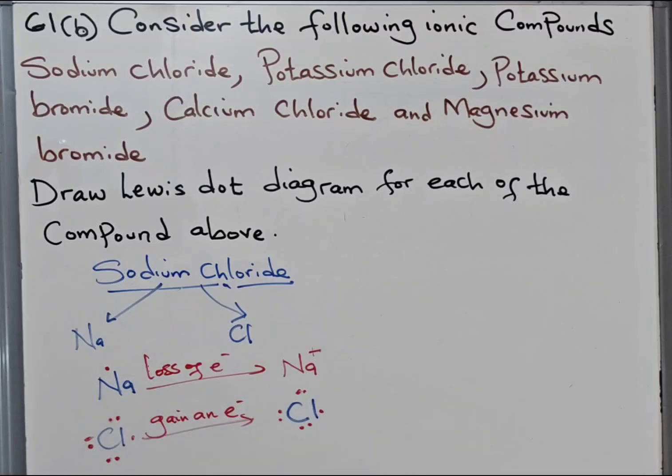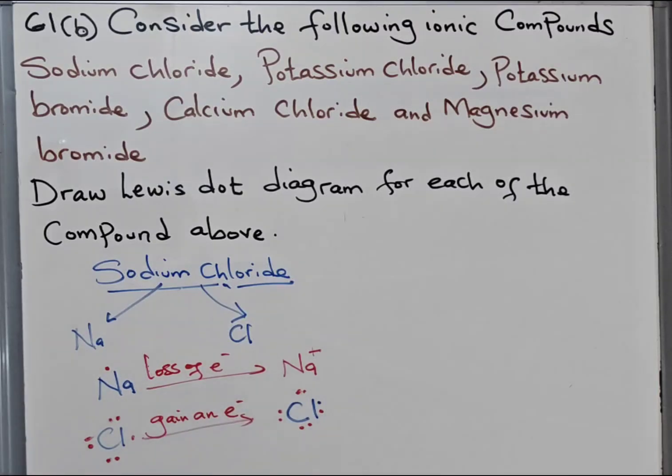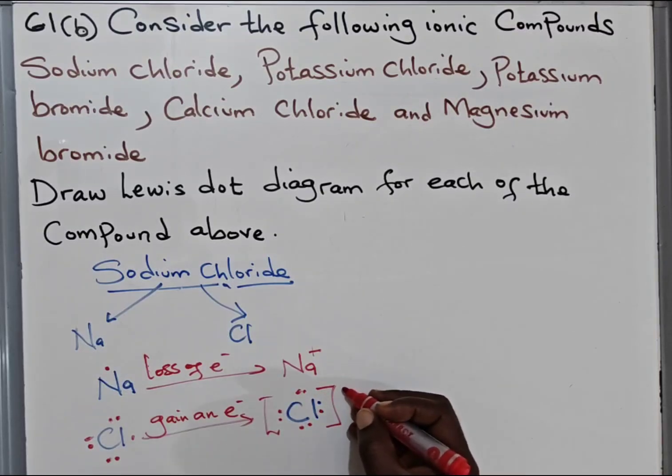But it gained 1 extra more, which we put here. And with that, we need to know that it is conventionally acceptable to put a bracket here. We put a bracket, and because it gained 1 electron, it's negative, so the negative charge comes here.